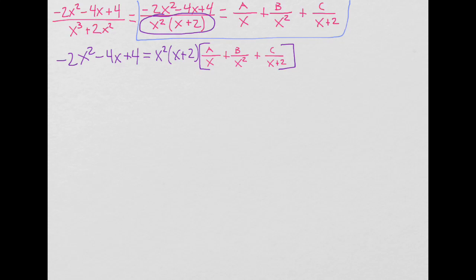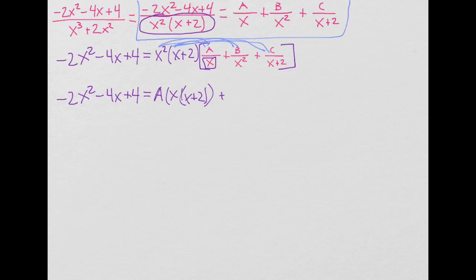So if we do that, we're going to have to distribute each of these terms to each of these fractions. So now I'm going to rewrite it with that. Notice if we look at our fraction with A, we're going to get x squared over x, so one of those x's is going to cancel out, and we'll be left with A times x plus 2, because that x right there eliminated one of those powers of x.